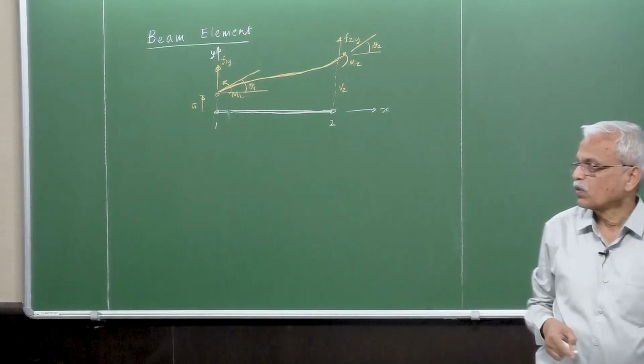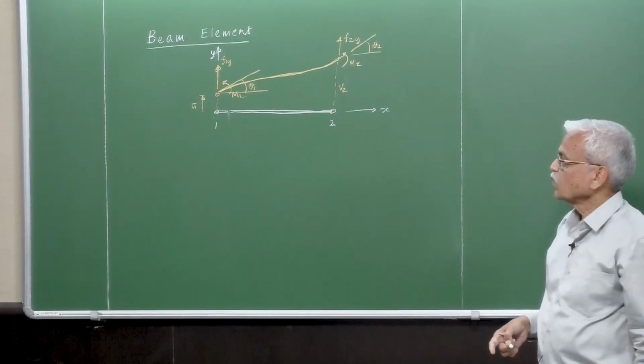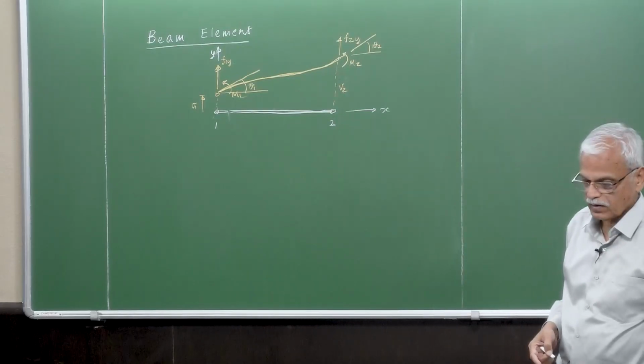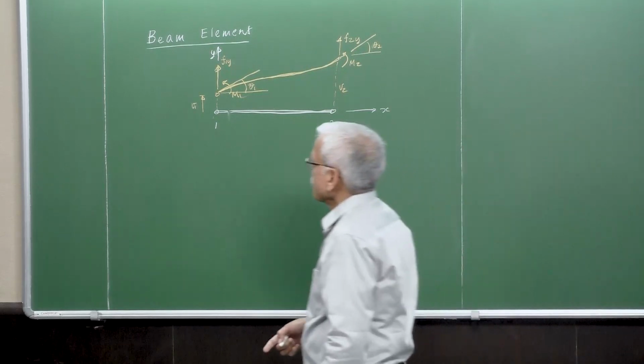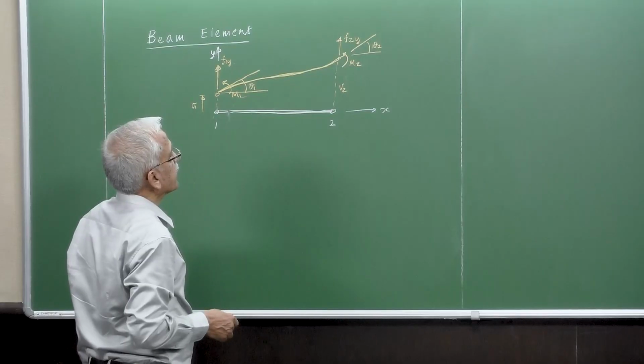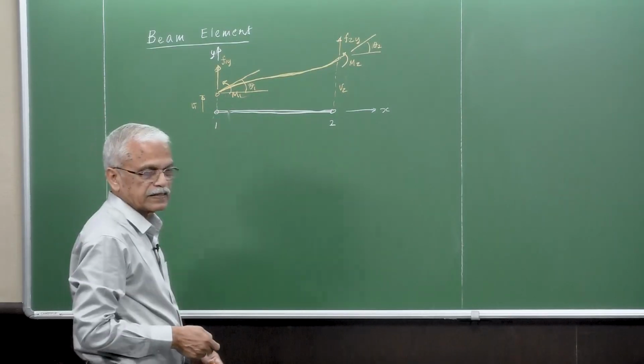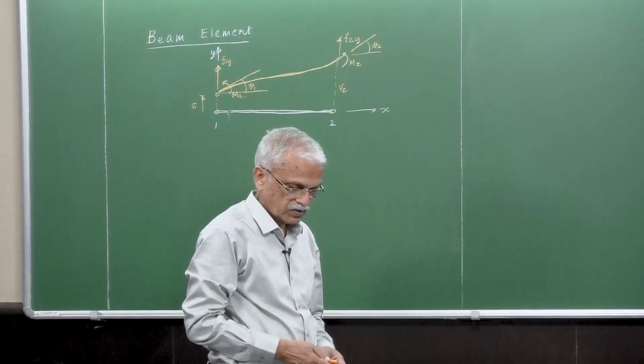So everything is shown in a positive sense, both the forces and the deformations. Here each node has 2 degrees of freedom, and there are 4 generalized force components.